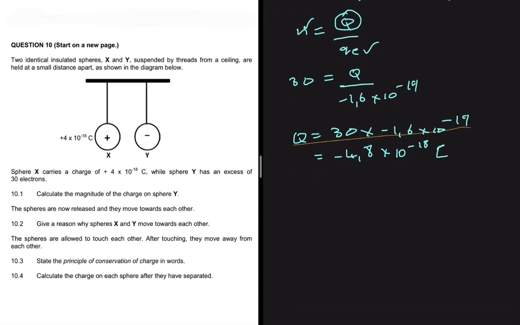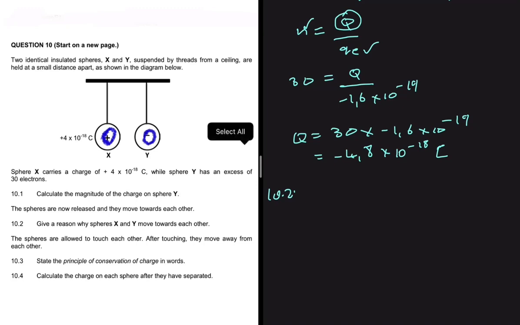Let's move to 10.2. 10.2 is saying that the spheres are now released and they move towards each other. Give a reason why spheres X and Y move towards each other. So let's look at X. X is positive, as we can see on our sketch. On the other hand, Y is negative.